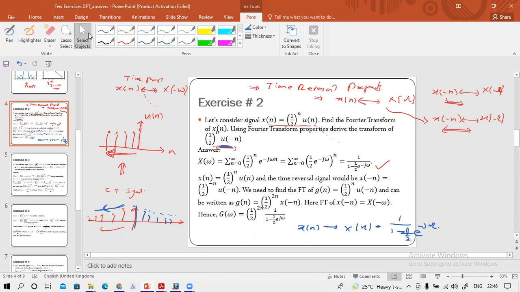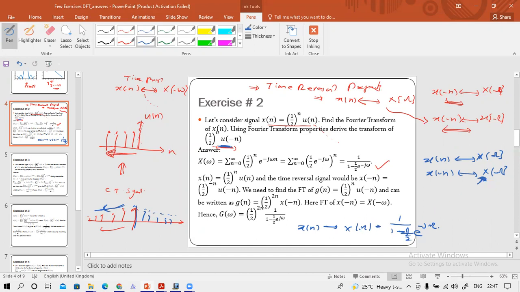That means if you have any signal x[n], the Fourier transform of that signal is X(omega). So the Fourier transform of the time reversal signal will be the time reversal of this Fourier spectrum. This is simply a time reversal signal.